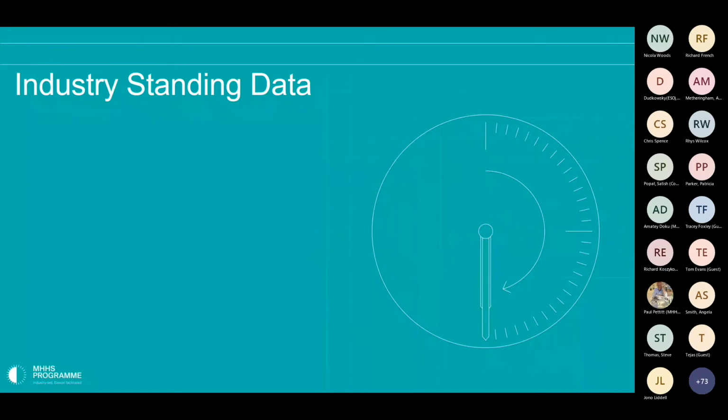Industry standing data is the revised standing data that will replace what's currently known as the market domain data. A lot of the existing market domain data relates to non-half-hourly processes, and they will be going, and we will not be bringing those forward into the industry standing data.